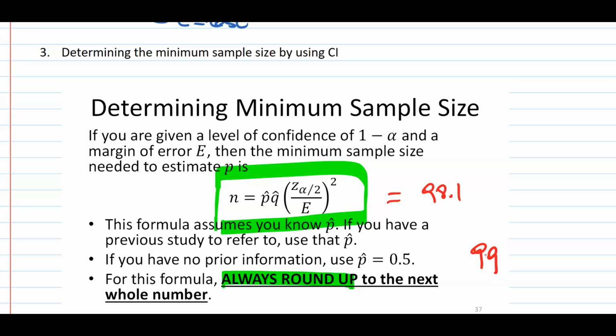I don't think you are going to get exactly 98; that is very rare. So chances are very high you're going to end up with a decimal. Even if it is 0.01, you round it up to the next whole number, because you're designing a study, and having one more data point is not going to hurt you, rather than risking the whole study.